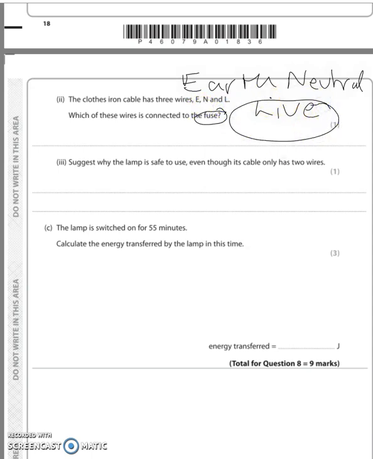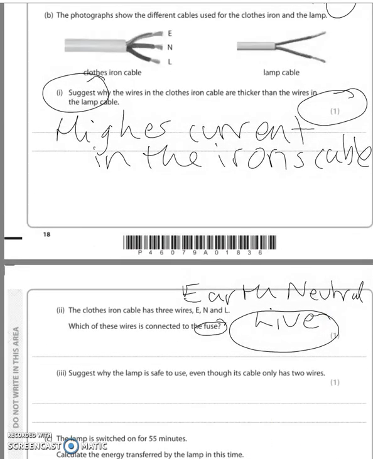So that's the answer to that question. But for the lamp cable, we look back at the picture, that has only 2 wires. When things only have 2 wires, or only 2 pins in the plug, then the wire that's missing is always the earth wire. As we know, that's just for safety. That doesn't take any part in actually transmitting current or energy when the appliance is working safely.